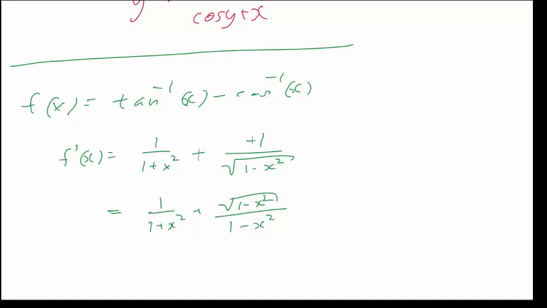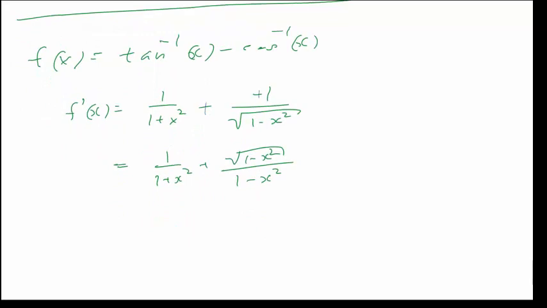Alright, so I think that'd be good enough, unless you wanted to house them under a common denominator, in which case we would have a 1 plus x squared term here over a 1 plus x squared term here, and then do 1 minus x squared over 1 minus x squared.